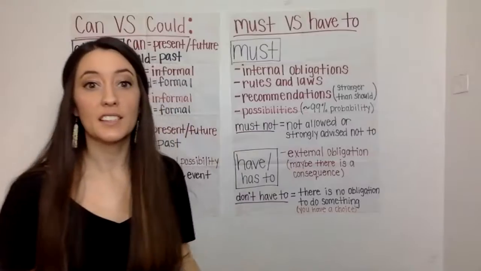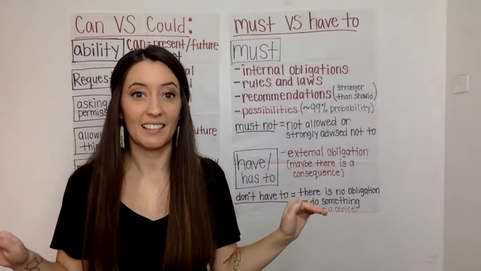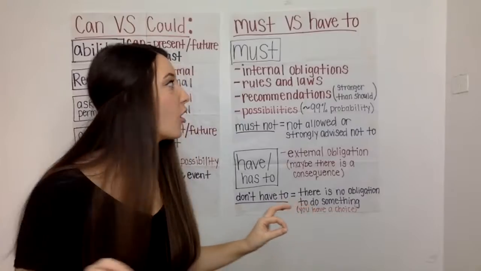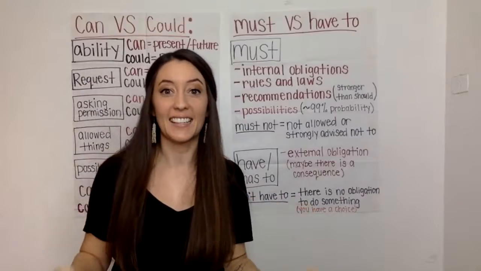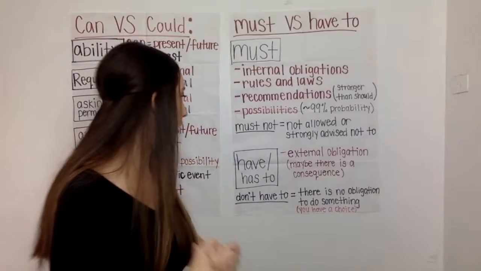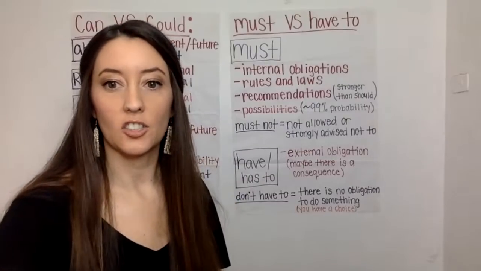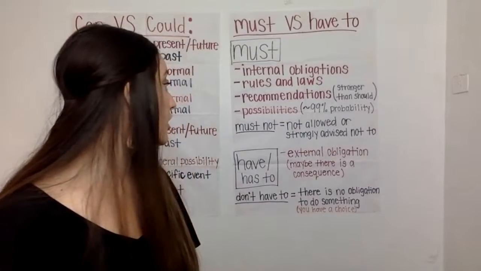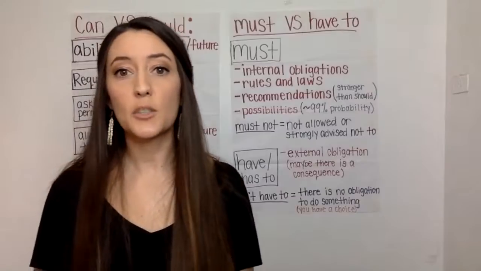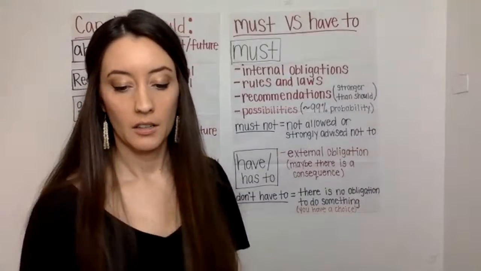When we use must not or mustn't, we're talking about something that's not allowed, or it's strongly advised not to do it, okay? However, when we use don't have to, there is no obligation to do something. So this means you have a choice. There's no obligation.